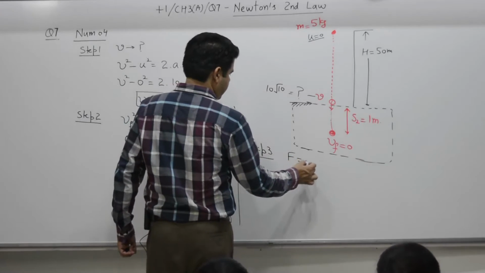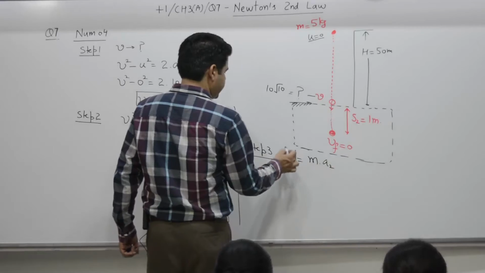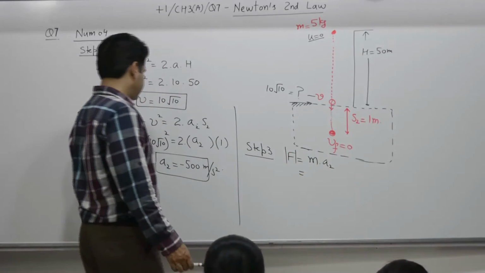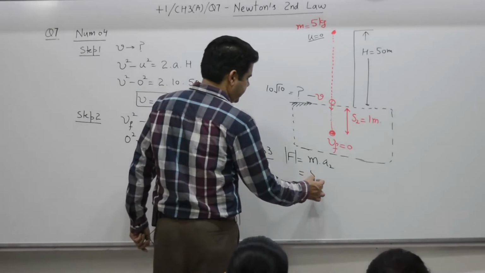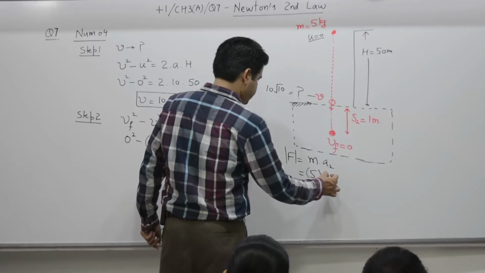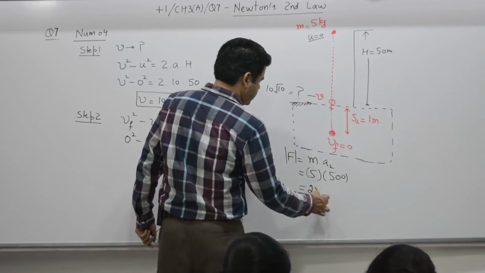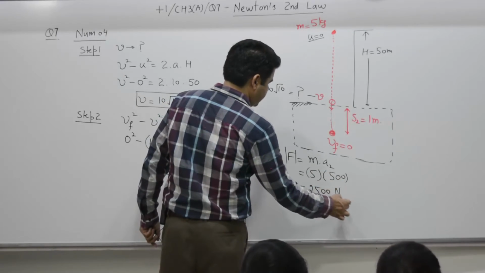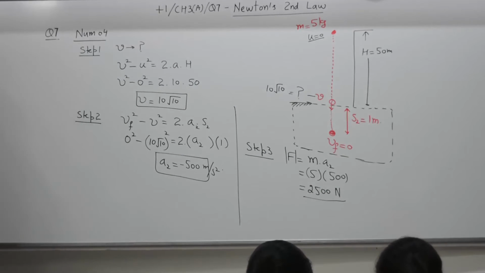F is equal to mass into this, only the magnitude. Mass is how much? 5 kg. A2 is how much? Magnitude, only magnitude, 500. What you get is 2500 Newton. Magnitude of opposing force is 2500 Newton.